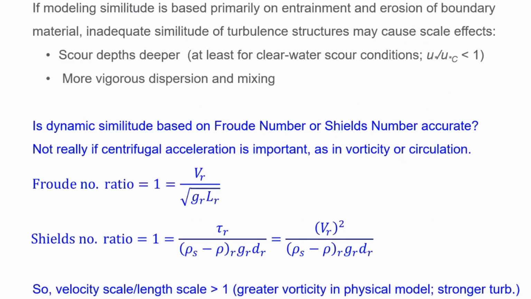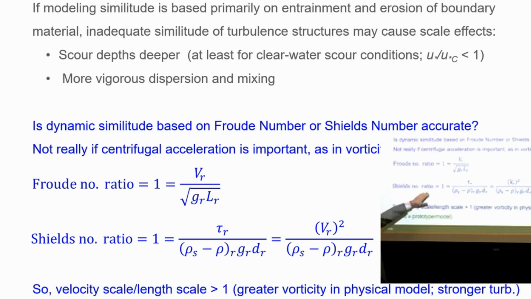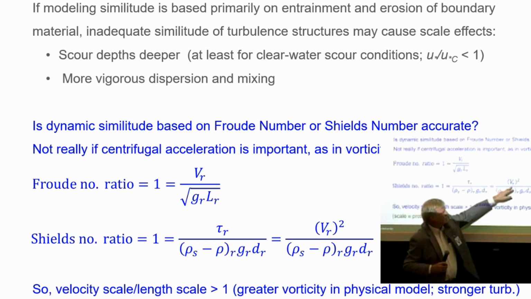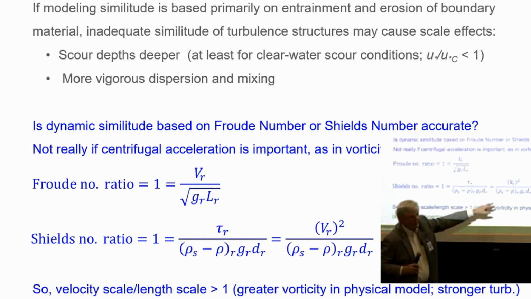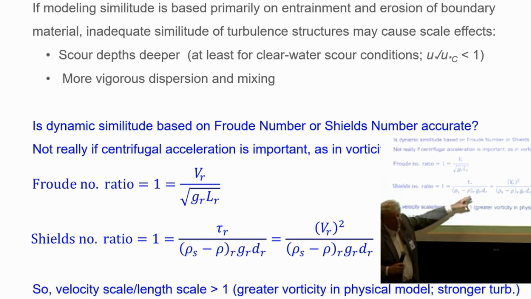You can show that if you have a model at 1 to 10 scale, you model the geometry a tenth of the prototype, or you have the inverse, the prototype is 10 times larger than the model. So you have a length scale that's 10, but the velocity scale is based on the loose bed scour experiments on the Shields number parameter. And so the velocity scale is proportional to the square root of the length scale, shown here for Froude number.